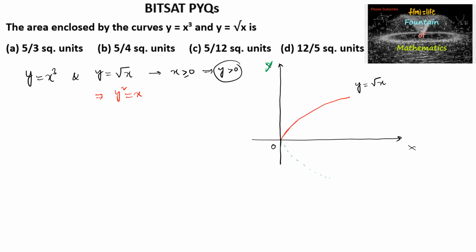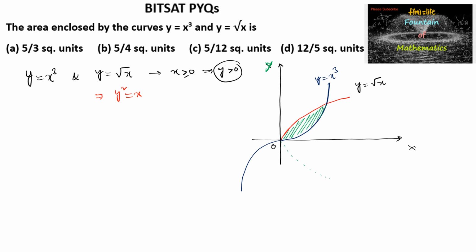And y is equal to x power 3 graph, we can see that, so here we can say y is equal to x power 3, and we can observe that the area formed between these two curves is here.